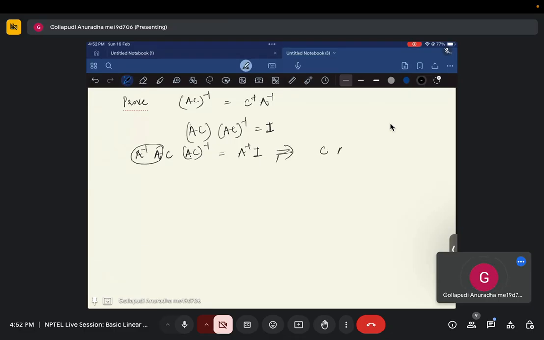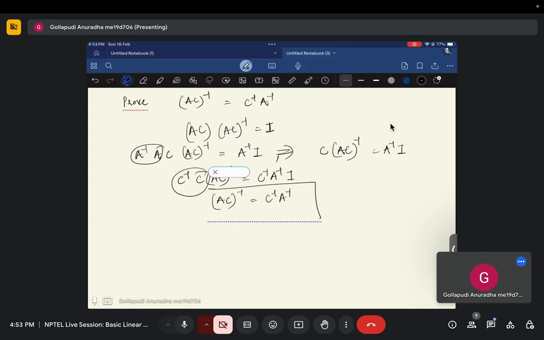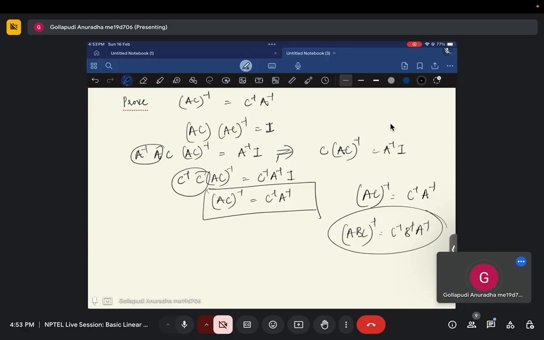So the inverse of AC will be C inverse A inverse, and likewise for any number of matrices: the inverse of ABC will be C inverse B inverse A inverse.